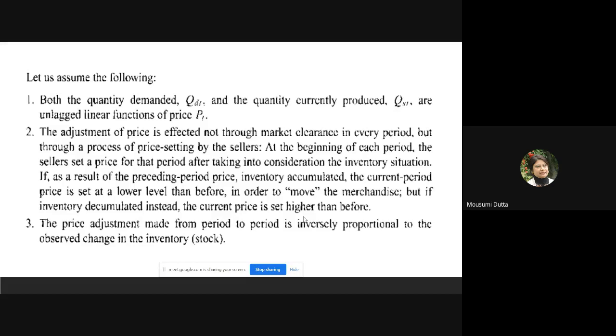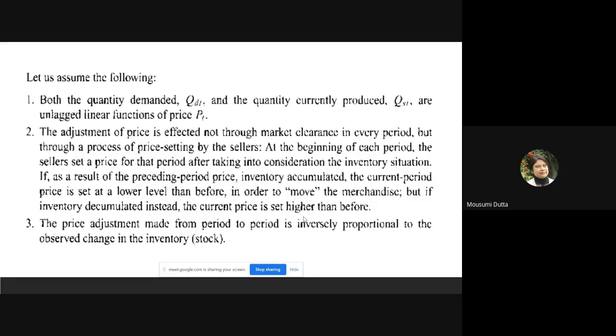So positive stock indicates price will fall. Negative stock indicates price will rise. So this is the idea. Hence, there is an inverse relationship between the price and the inventory, price and the stock.